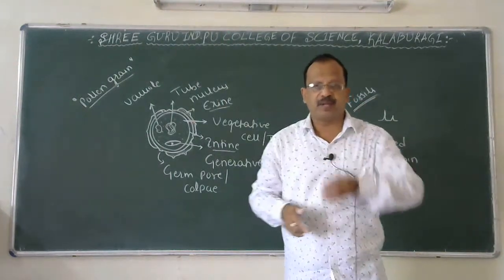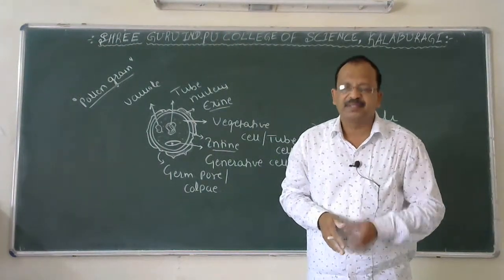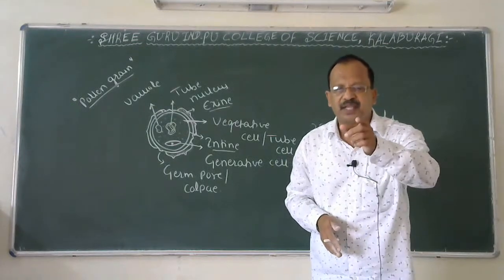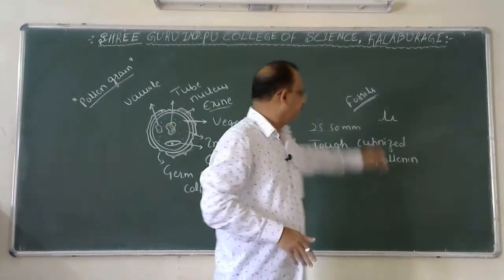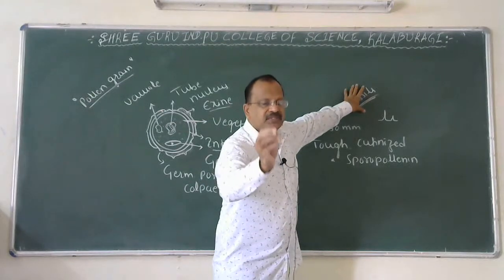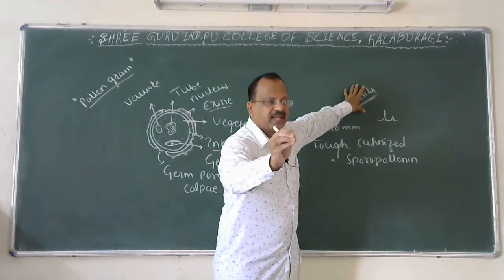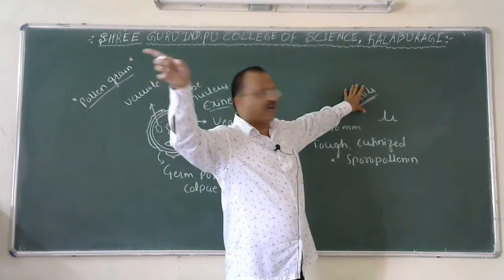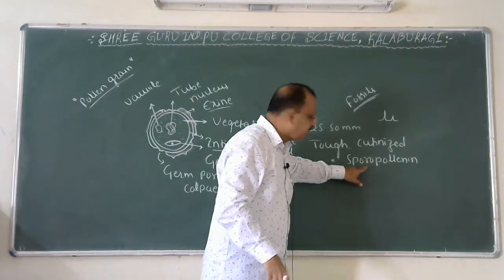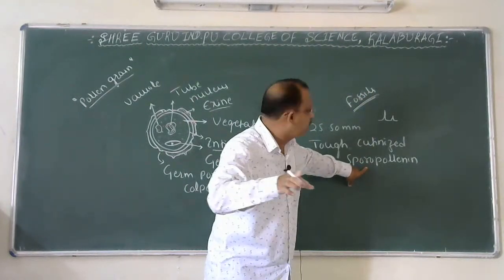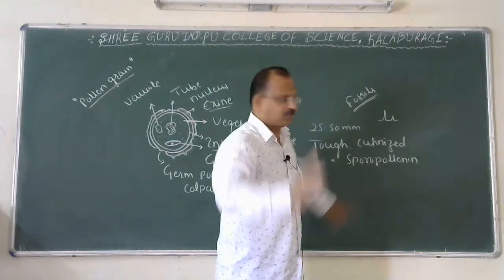A beautiful example is dinosaurs. They dominated during the Jurassic era. Due to sporopollenin, pollen grains can be well preserved as fossils.